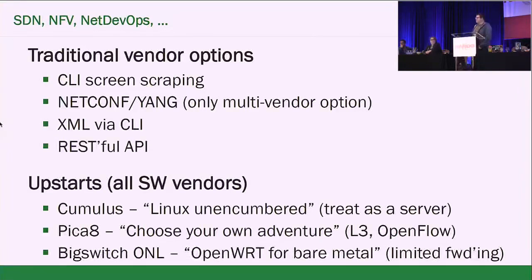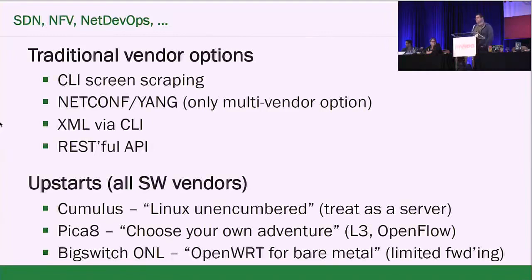So there's a number of organizations that have taken different approaches that are very friendly to automation. I work for one called Cumulus Networks, and essentially the summary that I give for our product is that it's Linux unencumbered. So it looks and feels like a server. Pica8 has a great product that offers a lot of different direction in terms of, do you want to do traditional networking, or do you want to do SDN style networking with OpenFlow?